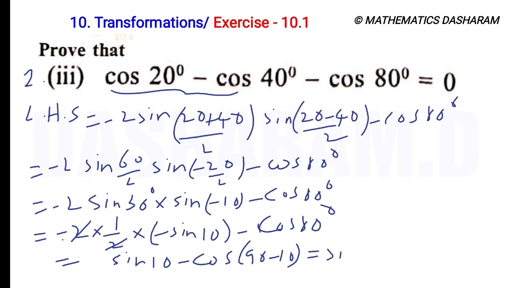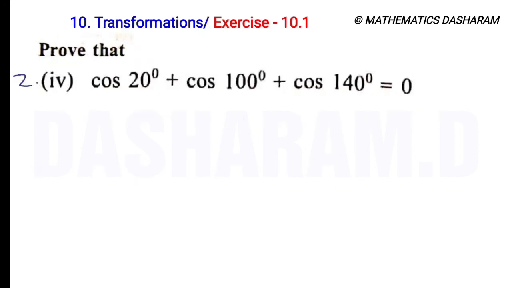So it equals sine 10 minus sine 10, since cos 90 minus theta is sine theta. Both are cancelled. It is equal to 0. Then RHS, hence proved.